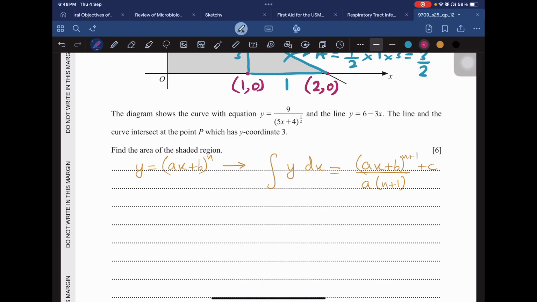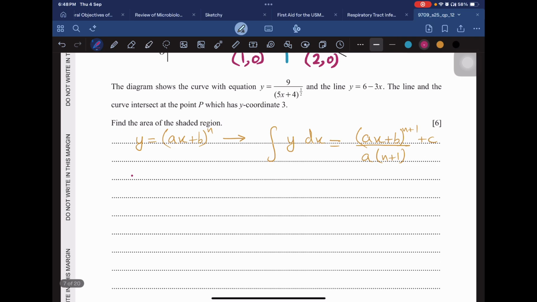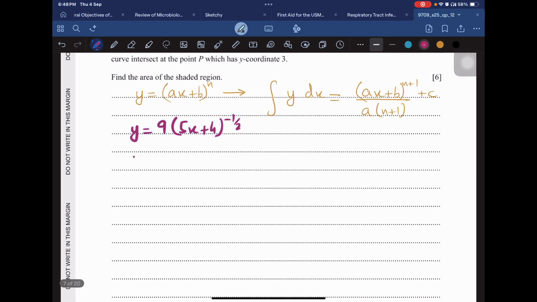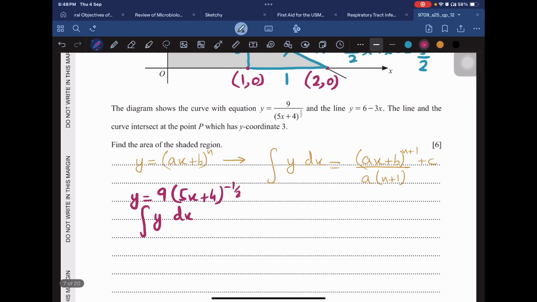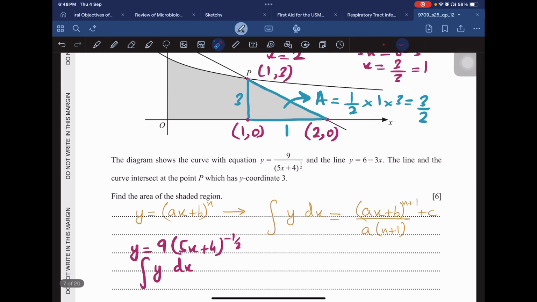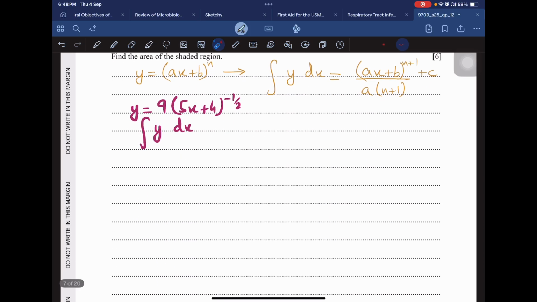So over here we have a similar case. We can write this as y equals 9 times 5x plus 4 power negative half, right? So now when we need to integrate this, we need to find the integral of y dx, and over here our limits will be from 0 to 1.